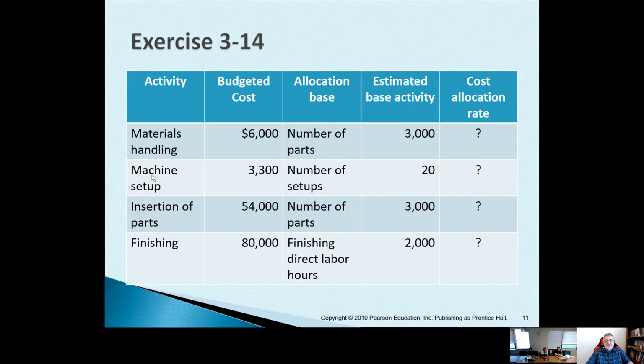Okay, so now let's say we've moved all of this material around. Now let's go back to my machine shop. Every time we have a part that moves from one machine to the other, we have a setup. Let's say we've estimated that our total cost and time to set these parts up in our machine is going to cost us $3,300, and let's say we've moved 20 parts around.